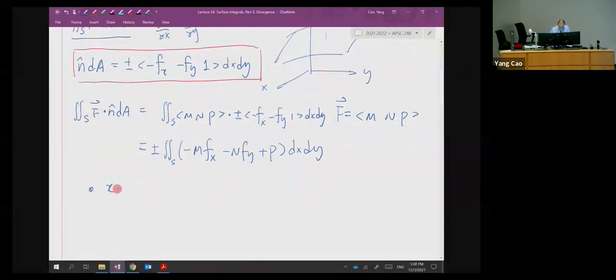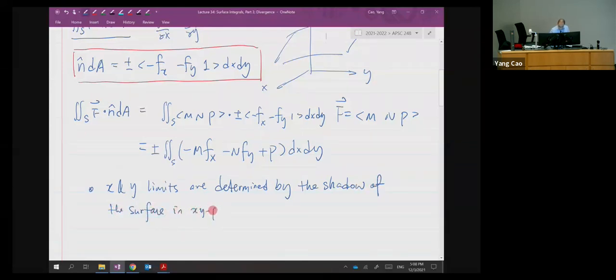First of all, the x and y limits, which you need for calculating the subsequent double integral. They are determined by the shadow of the surface in the XY plane.